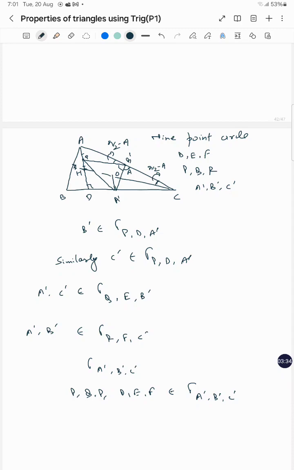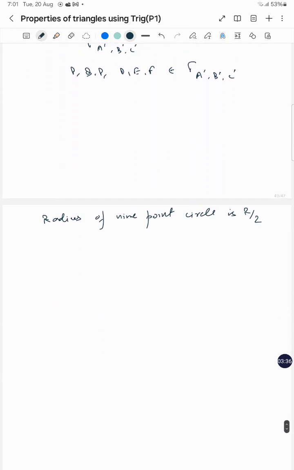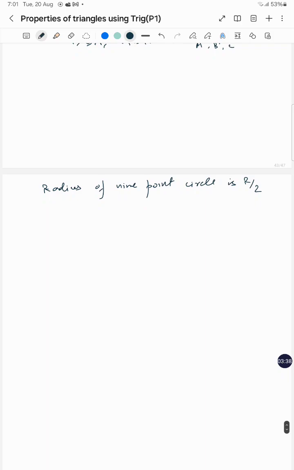So now we'll talk about the radius of the 9-point circle. The circumcircle of A prime, B prime, C prime will have half the radius of the circumcircle of ABC. It is an easy exercise. You can use this formula.